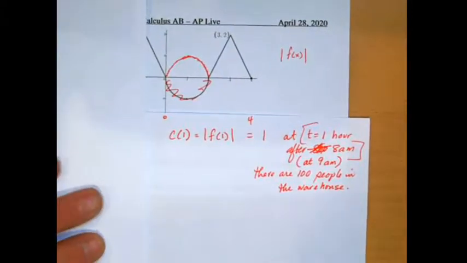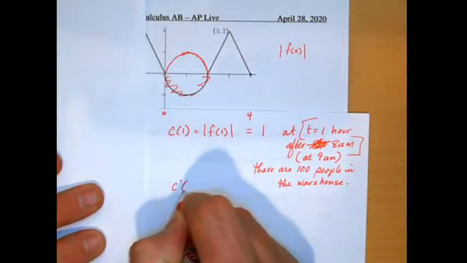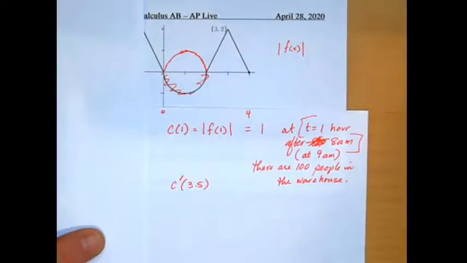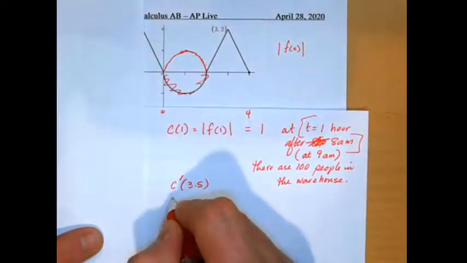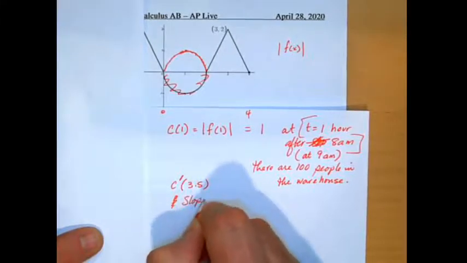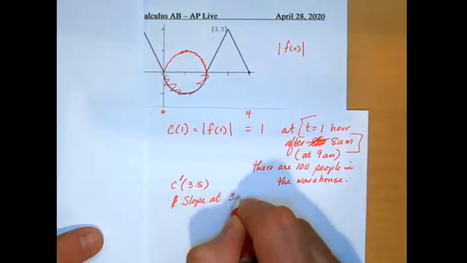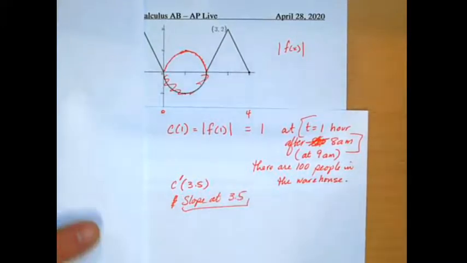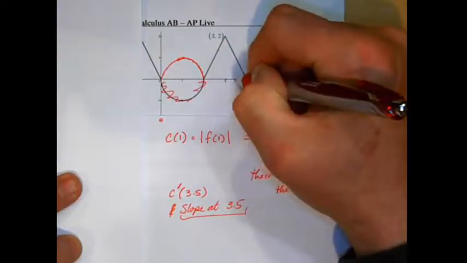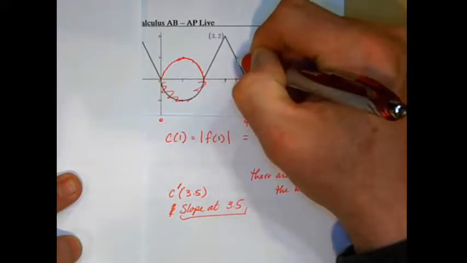So the next one is they're asking for c prime of 3.5. All right, so c prime of 3.5, well, that's going to be f prime of 3.5, and that is going to be the slope at 3.5. So it's a rate at 3.5 hours after. So at 3.5, right here is about right there.